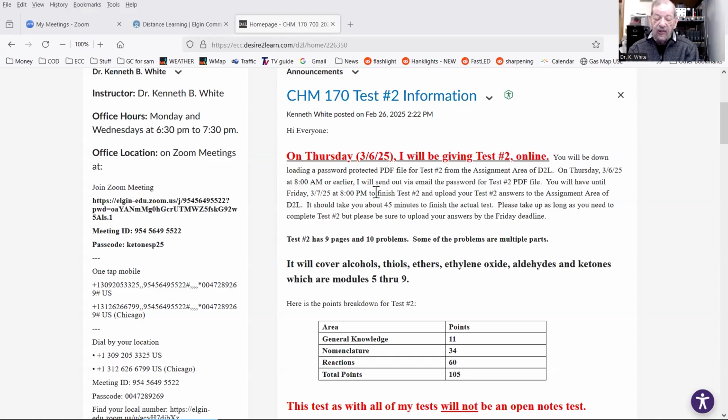You'll download test number 2 from the assignment area, open it up with the password. You'll have until Friday, the 7th of March, 8 p.m. to finish test 2 and upload your answers for test 2 to the assignment area in D2L.